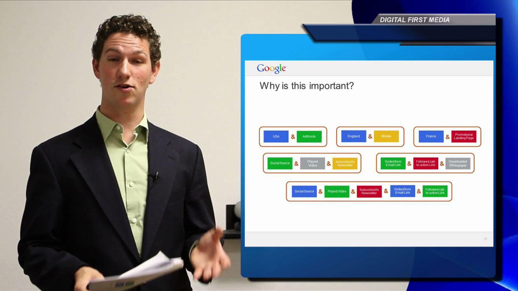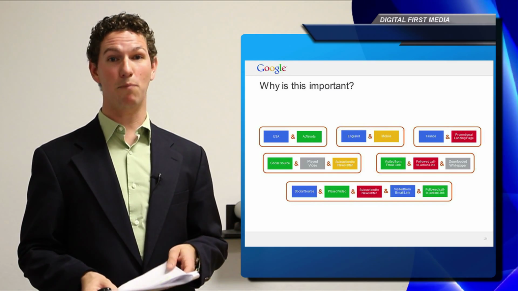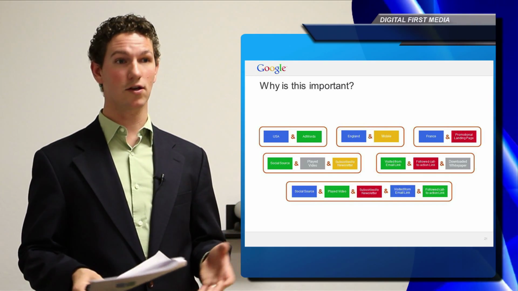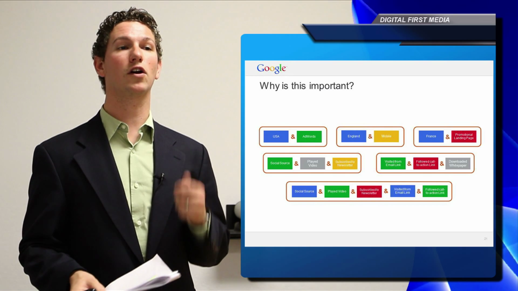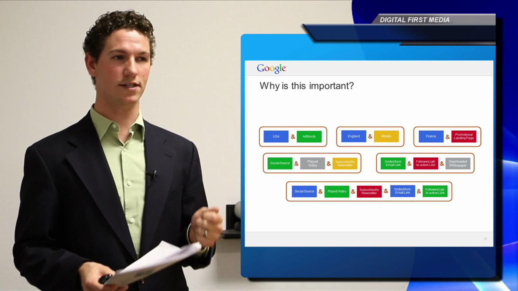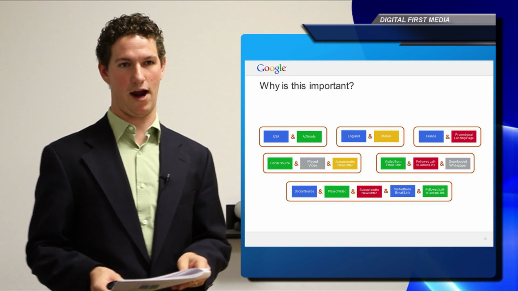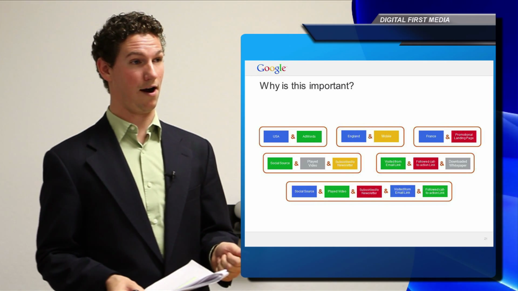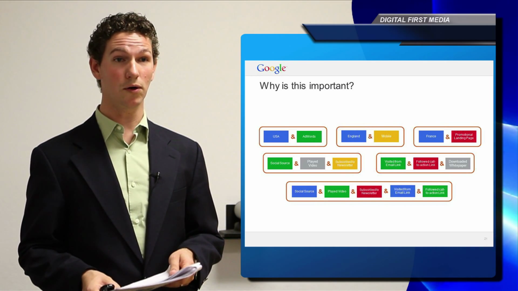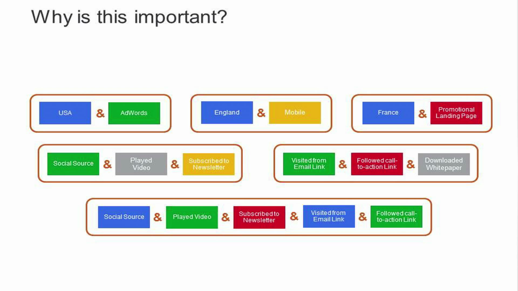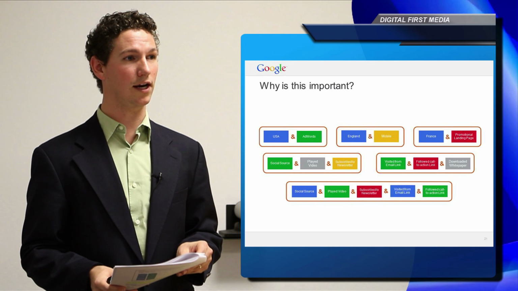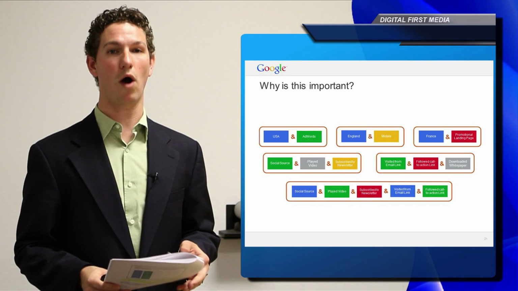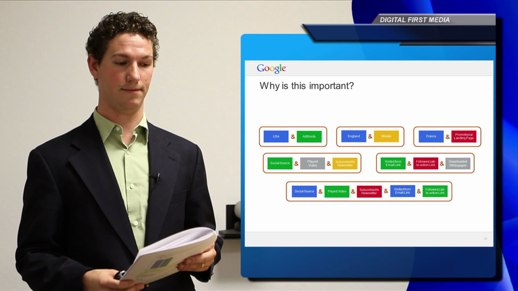You can segment your data out by France and website visits, bounce rates, all those different metrics to give a good understanding about what's happening with this promotion in France. But it doesn't stop there. You can segment it by 2, you can segment it by 3, you can segment it by as many different data points as you have available. An incredible amount of flexibility to give a good understanding about what your website performance looks like.